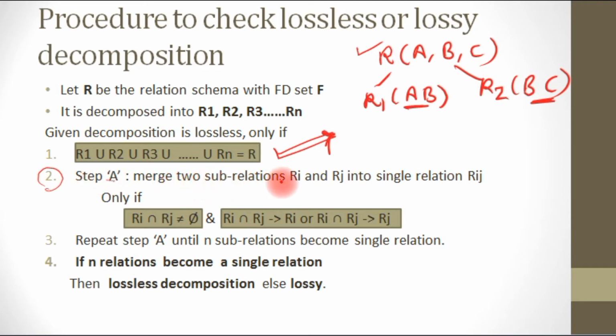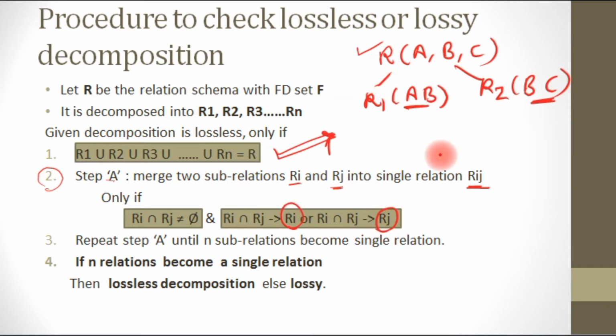Now step two. Merge two subrelations Ri and Rj into a single relation Rij only if Ri and Rj both have a common attribute. So if Ri and Rj have common attributes, then we have to check whether this attribute determines Ri's attributes or attributes of Rj.